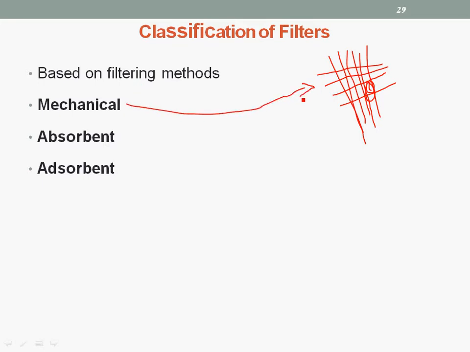This is just a mesh which retains dirt particles larger than the mesh size, and allows particles smaller than the mesh size. That is the case of mechanical. In the case of absorbent, we use cotton cloth, asbestos or cellulose, and we pour the hydraulic oil from the top.